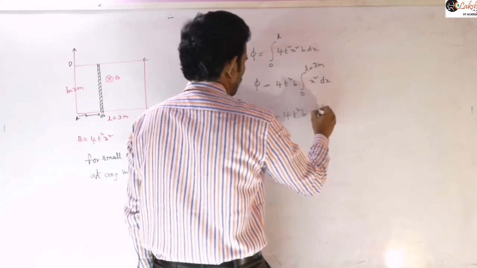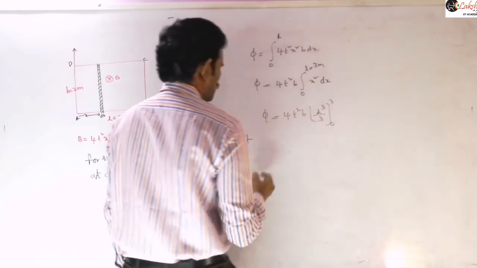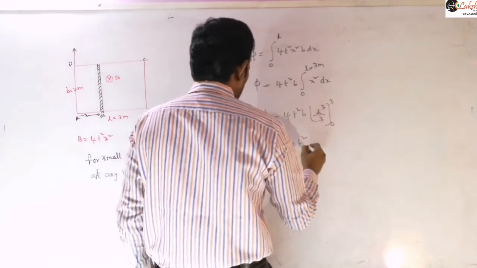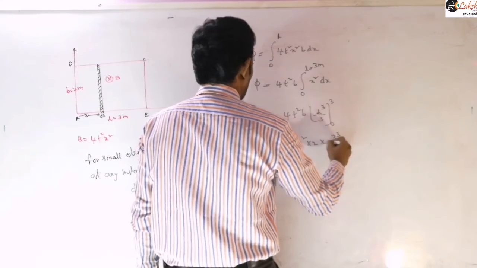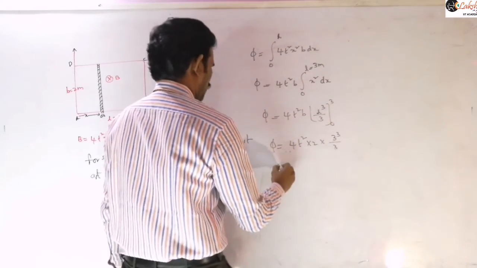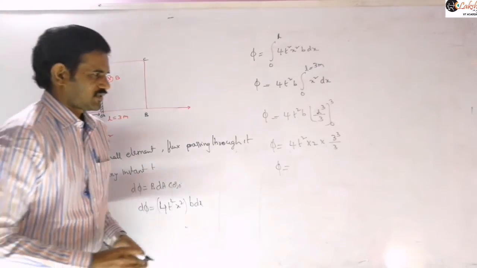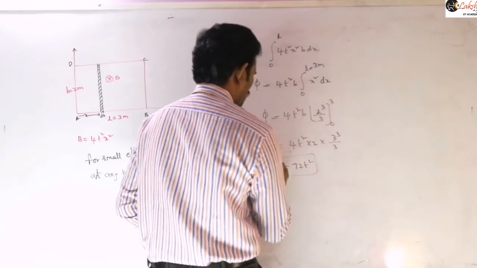So that means here L³/3, so that L is 0 to 3, now we can substitute there. So which is 4t² into B, the value is also given for us; we can substitute that B value, so into 3³/3 you can write. So finally this expression, 3 you can cancel here, 9 into 8, so 72t² you will get. So this is the flux at any instant of time.